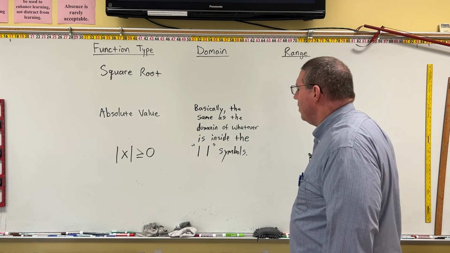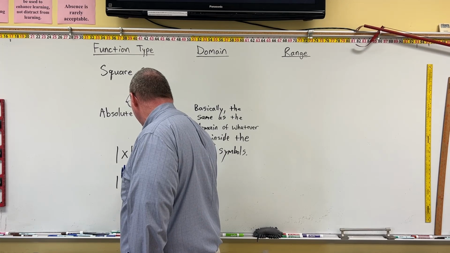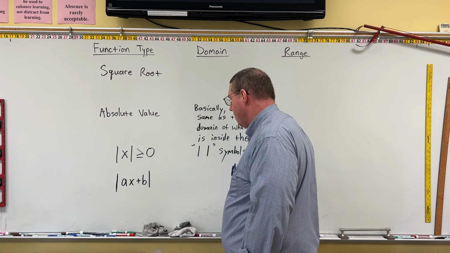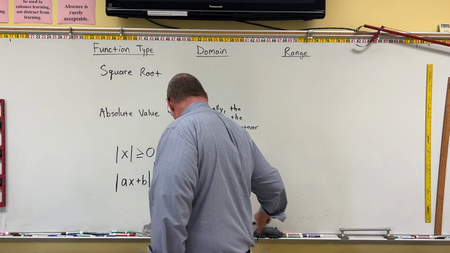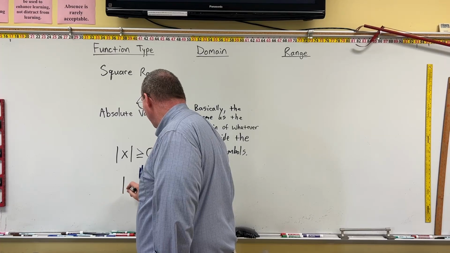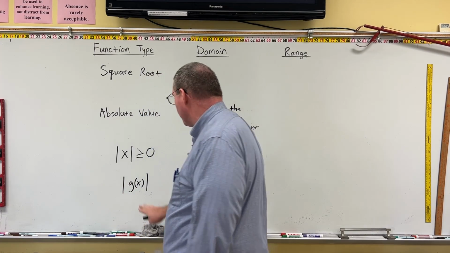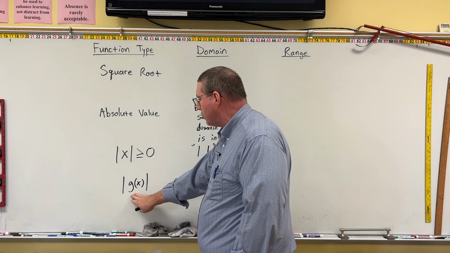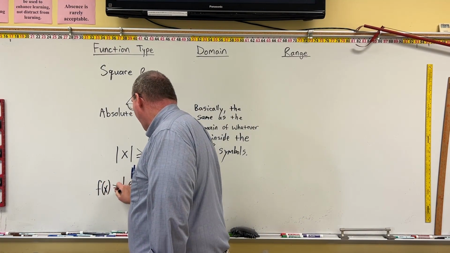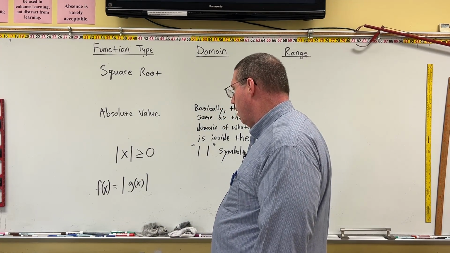Let's say that we had the absolute value of a function g of x. So g of x is linear, or g of x is a rational function, but now f of x is the absolute value of that other function that's inside the absolute value bars.